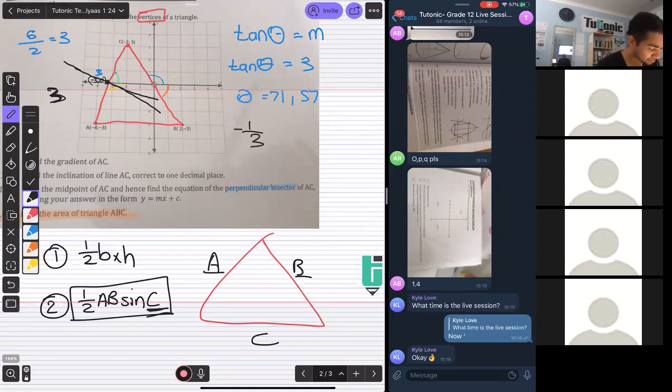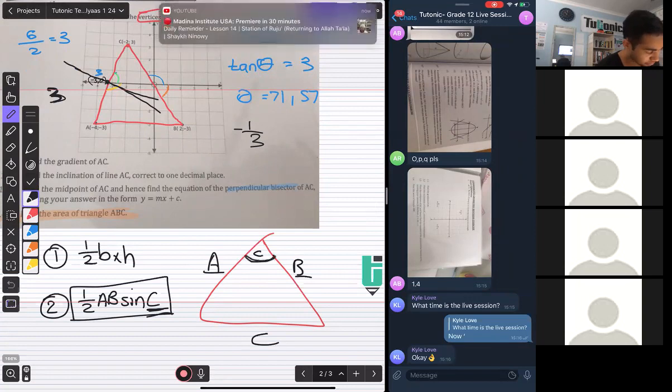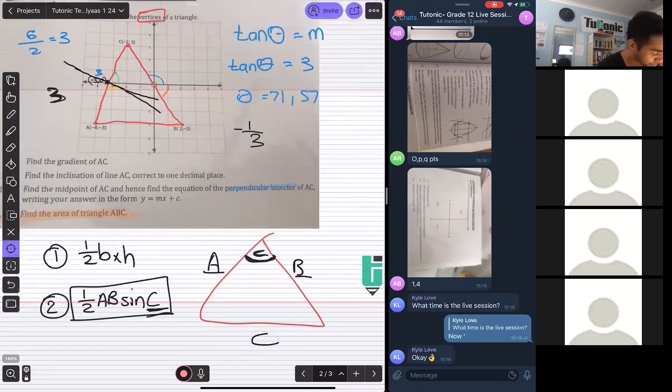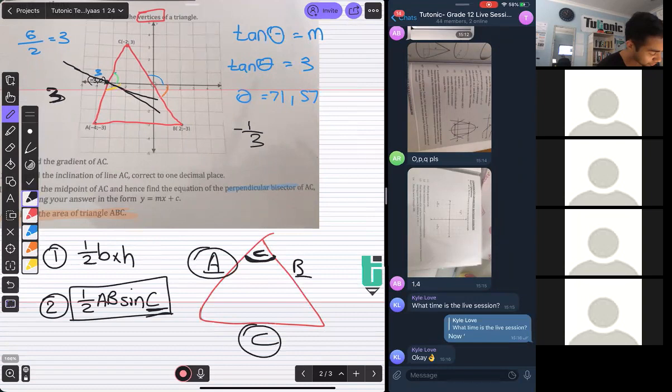The angle between the two lines, A and B. Because we call it the included angle, it's between the two sides that we're using. So if I chose A and C, then the angle would be here that I use. Do you guys see that?